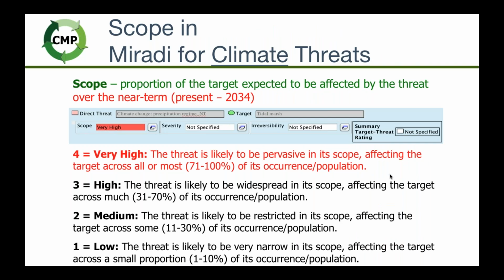So scope is going to be the same. In this case, this team decided to use a slightly longer time frame, and the scope ended up very high.